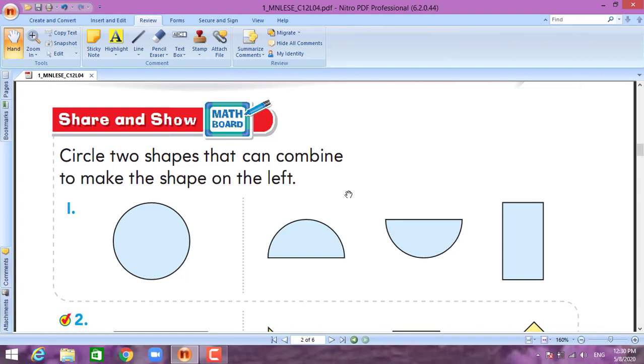Circle two shapes that can combine to make the shape on the left. When a circle is cut in two equal parts, we have two semicircles. I will cut my circle in two equal parts like this.